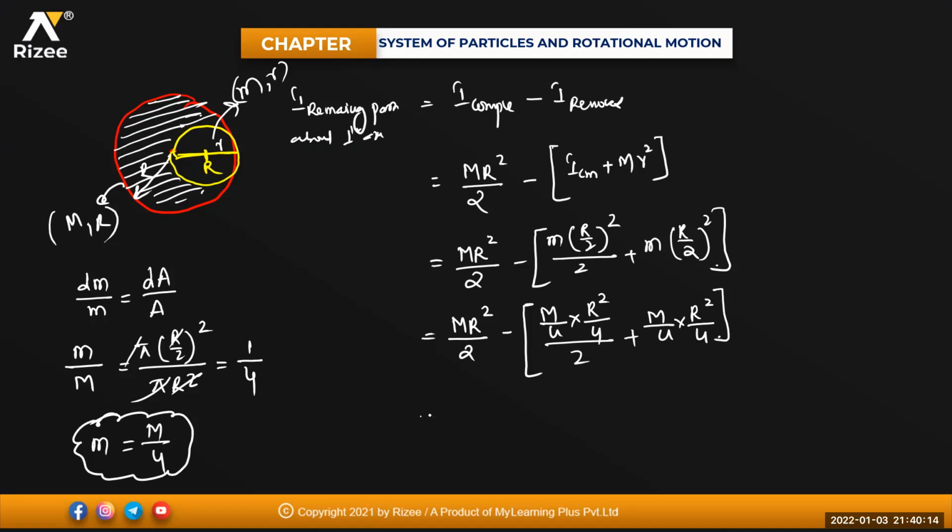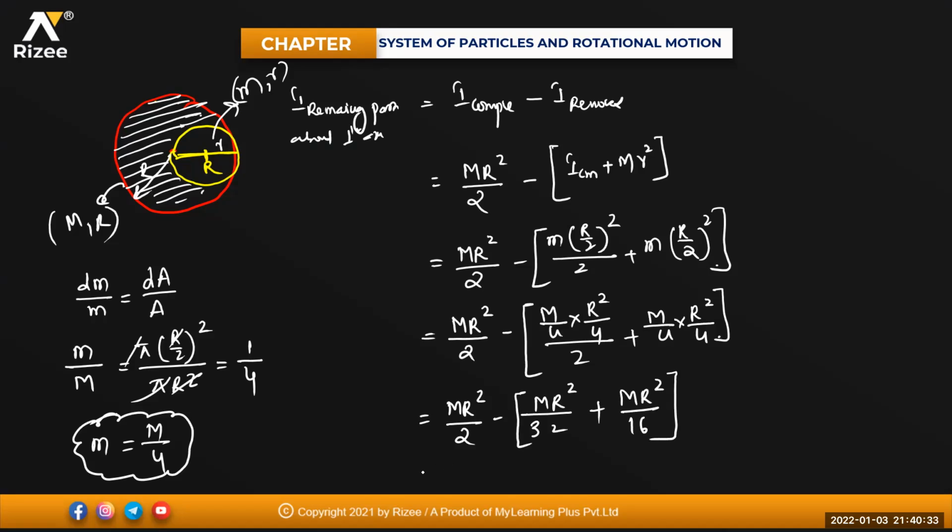Isn't it? So that will become M into R square divided by 2 minus M into R square divided by 32. 4 4s are 16, 16 2s are 32. This one is a plus M into R square divided by 16.